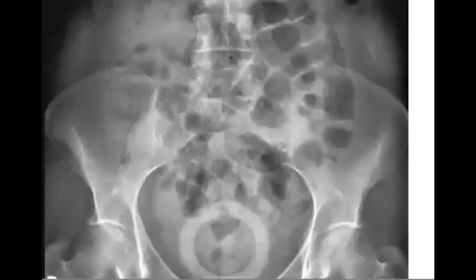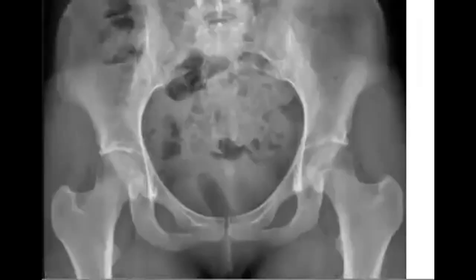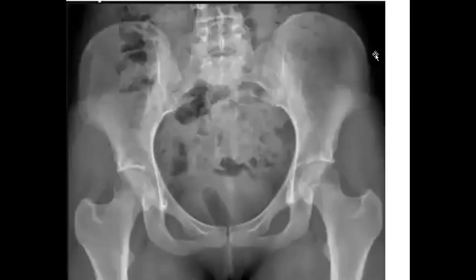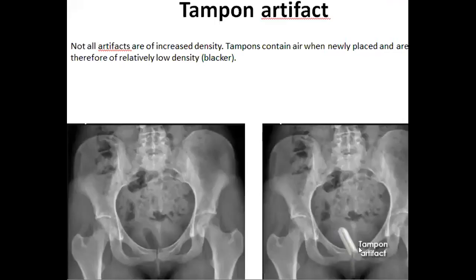Exactly. And here, this one, what is this? So this is what is called a tampon artifact.